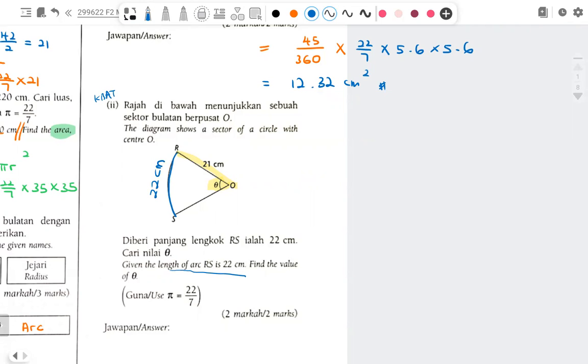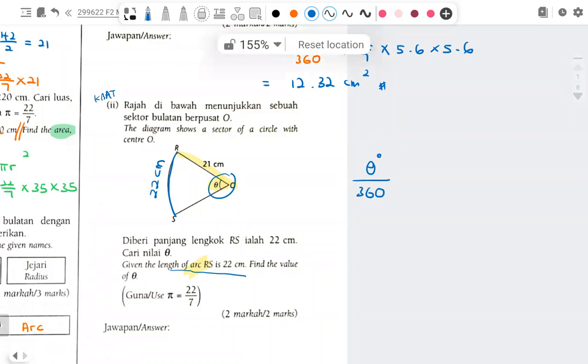So first step, form the equation first. By writing down the equation to find arc. Arc is part of the circumference. The part of the angle we don't know, so we just write back the symbol.